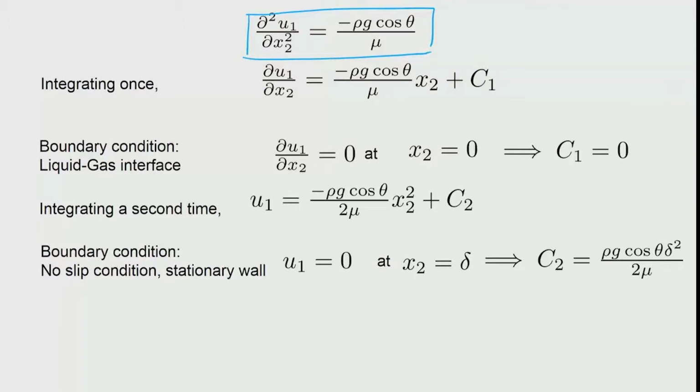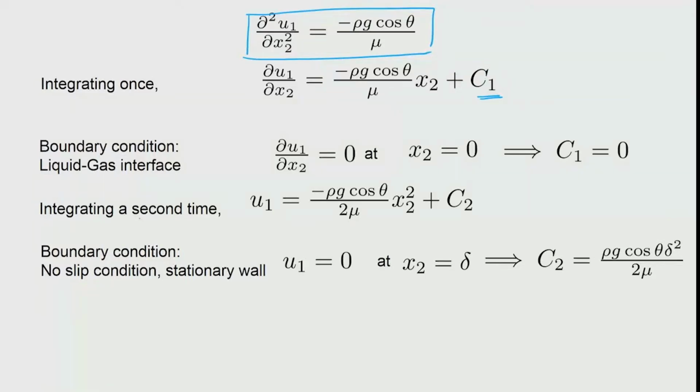So we can see that the integration can be done once, and the way we have chosen the coordinates is such that the wall is at x2 equal to delta and the gas is at x2 equal to 0. That is very convenient, because when we integrate once and see the integration constant C1, the first boundary condition for the gas liquid interface would set that constant to be 0, so the form of the velocity is going to be very simple.